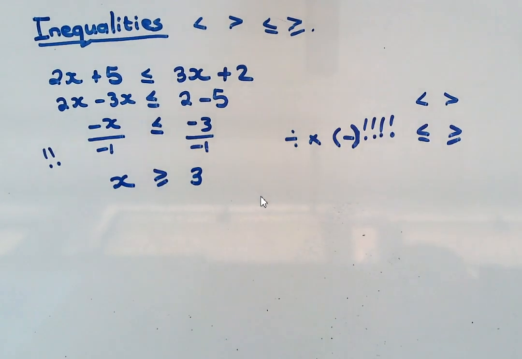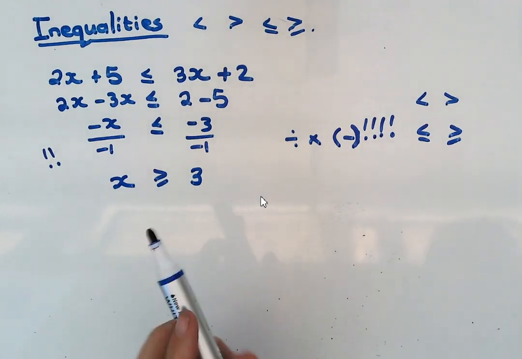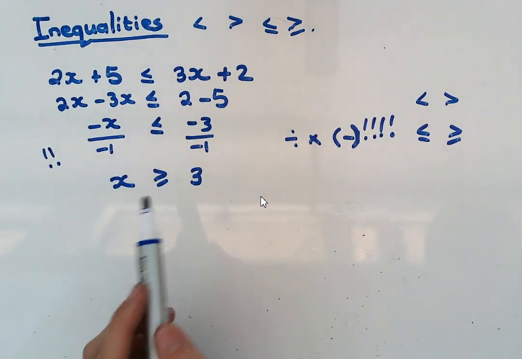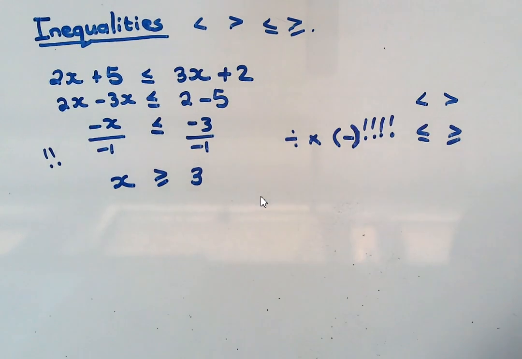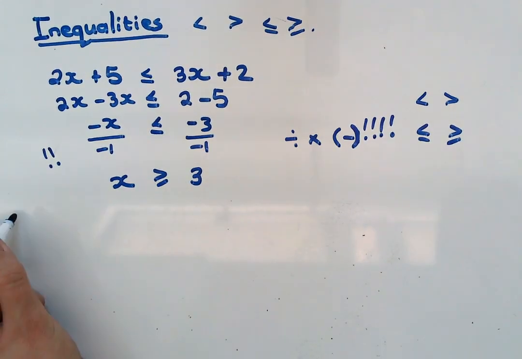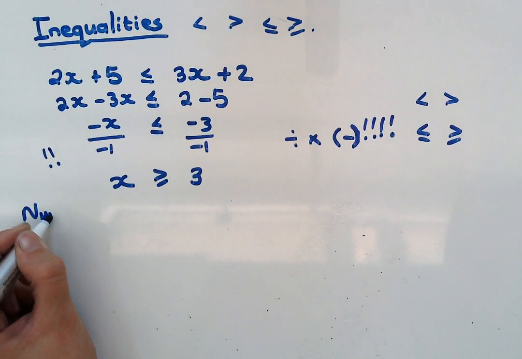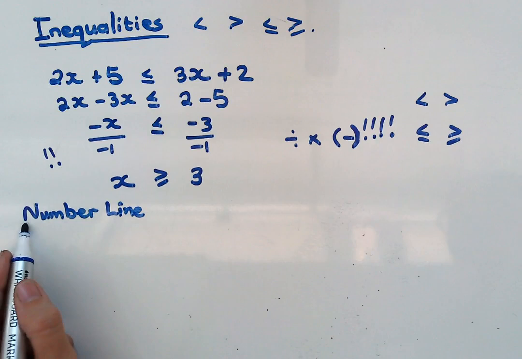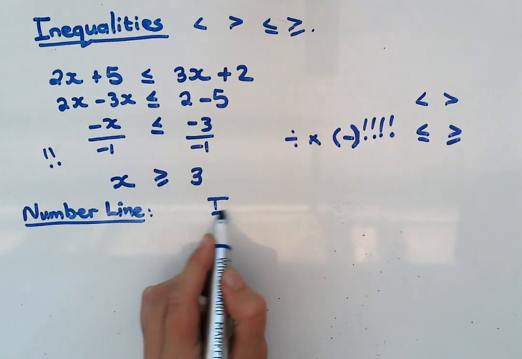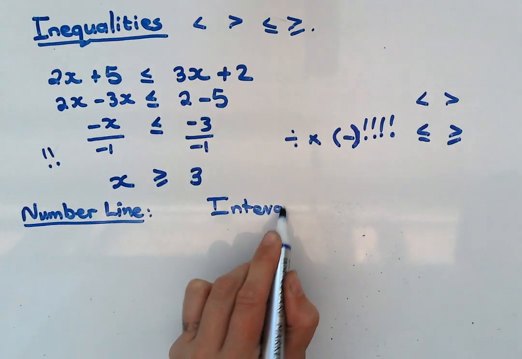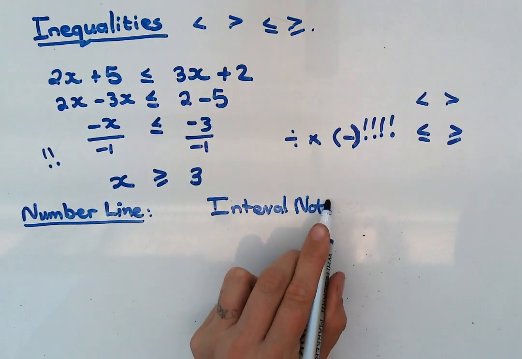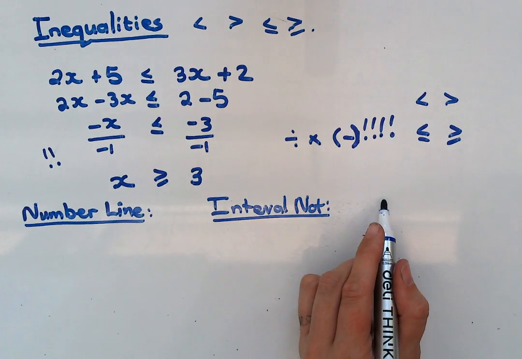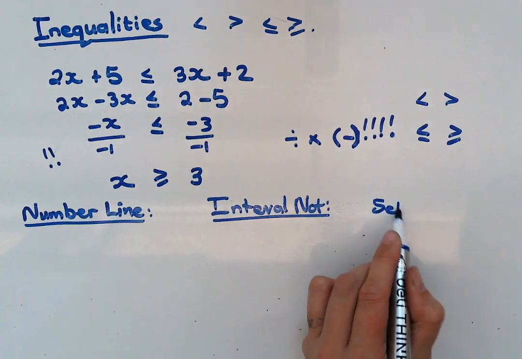to 3. Right, then you must also be able to represent this in 3 different ways that we talked about. The one is the number line, visually on a number line. The next one is the interval notation. And the next one is the set builder notation.